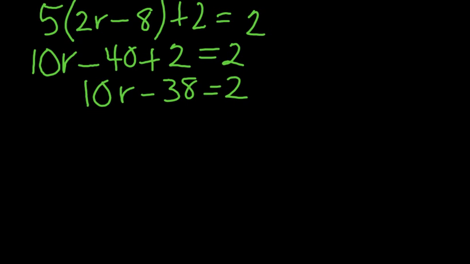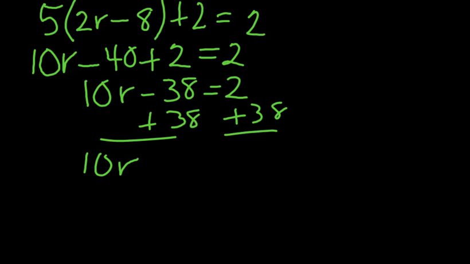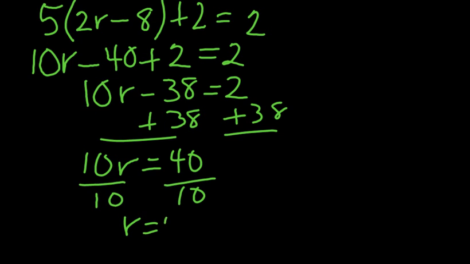Now it's all the way simple. Now we can finally start solving. So we're going to solve. Plus 38, plus 38. That gives us 10r equals 40. Divide by 10. Divide by 10. So r equals 4. Now let's check it.